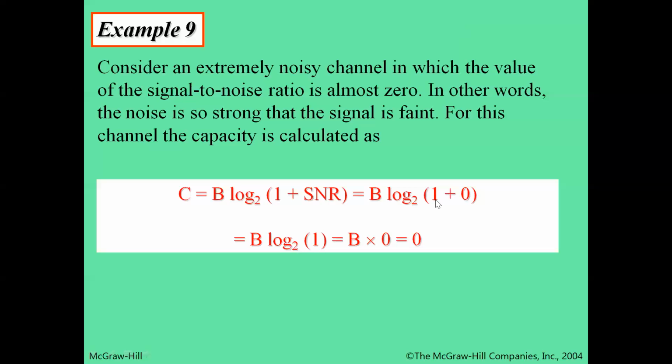And what is 1? 1 means 2 to the power 0. So log 2 base 2 becomes 1, and the power is now 0, because 1 means 2 to the power 0. If 0 multiplies with all the other factors, the value becomes 0. That means capacity is 0, and it is obvious: when there is so much noise in the channel, data cannot pass through at all, so the capacity of the media is 0.